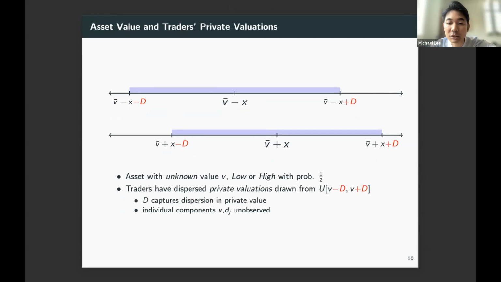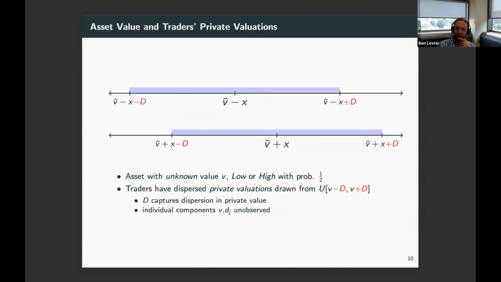That's a great question. Actually, I failed to mention that the distribution here is a uniform distribution over D. So traders here have private valuations that range from -D to D, and their preferences are assumed to be uniform over this distribution. So D, the capital D, represents the dispersion in private valuations.